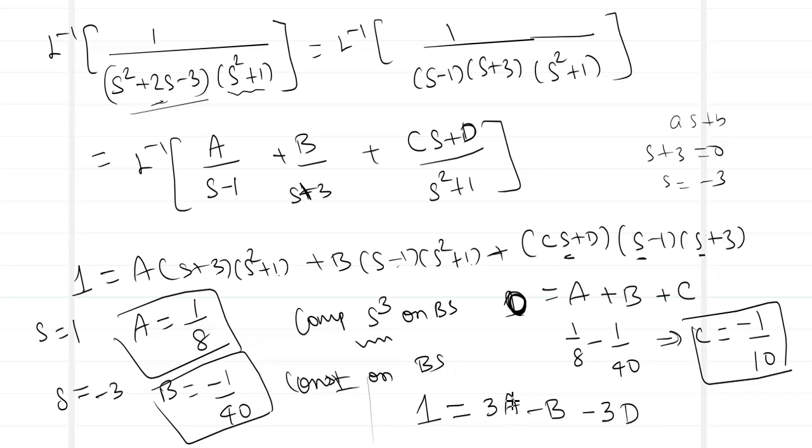Already we know the value of A to be equal to 1 by 8 and B to be equal to minus 1 by 40. So this gives me the value of D as minus 1 by 5. Now I have got all the 4 constants involved in my inverse Laplace. Let me move and fix it in the problem. So this now gets converted as 1 by 8 divided by s minus 1, plus, what was our B?